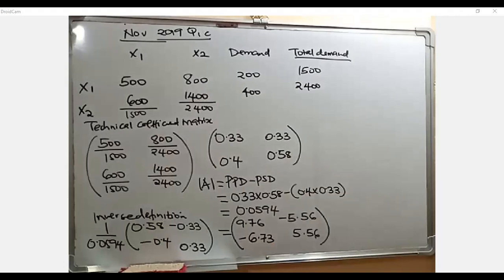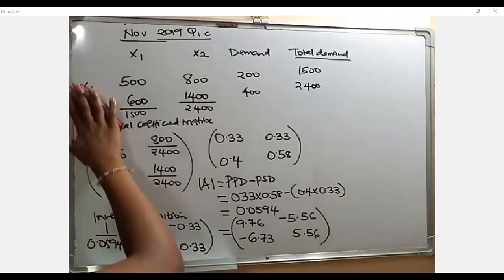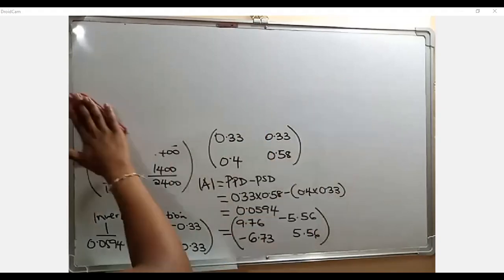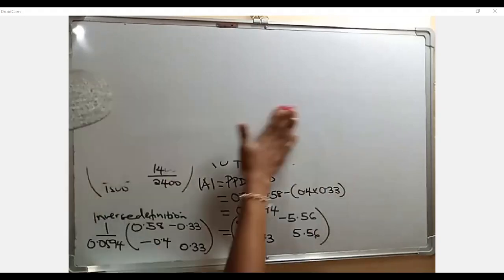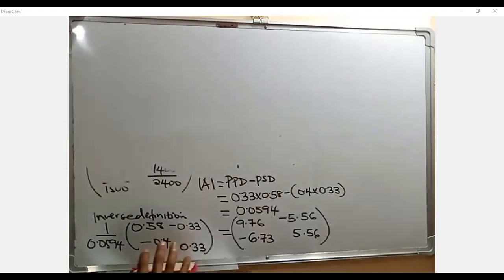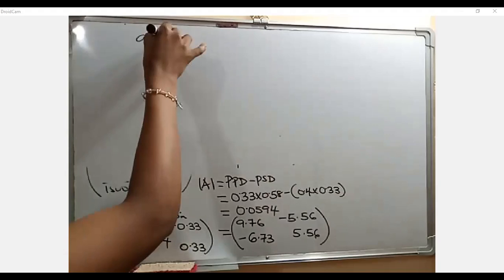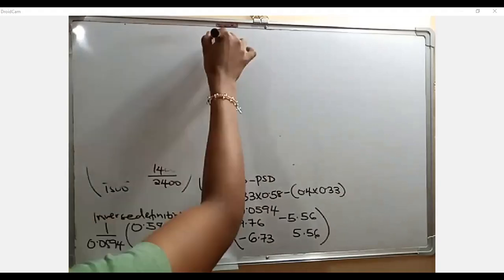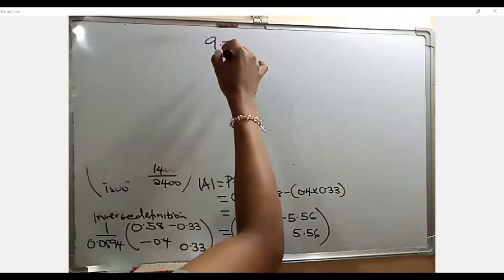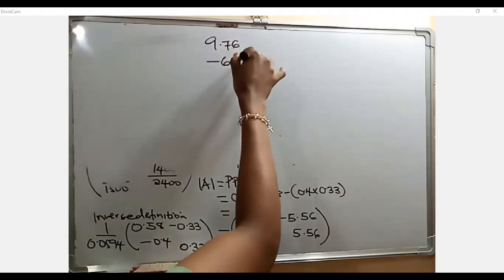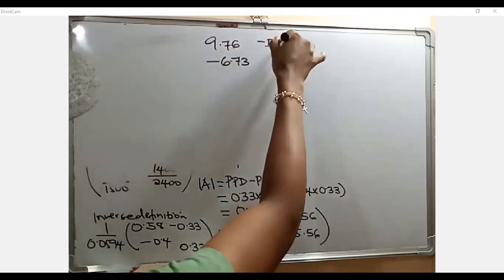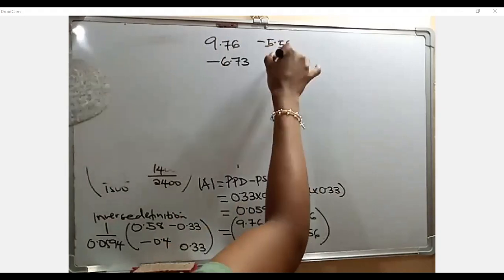Then remember, the examiner is telling you the projected consumer demand changes to 400 and 800 units. Remember, this now is the initial stage. So to determine your next stage, you are borrowing that knowledge there. We have 9.76, negative 6.73, negative 5.56, and 5.56.